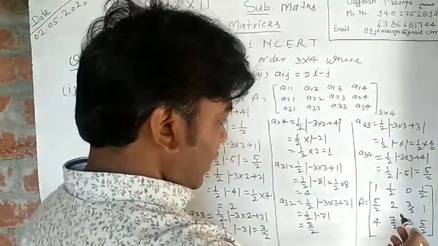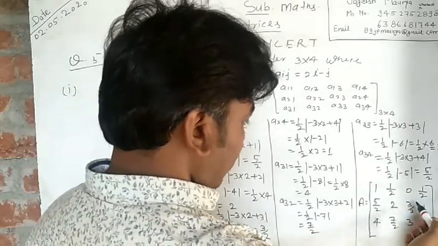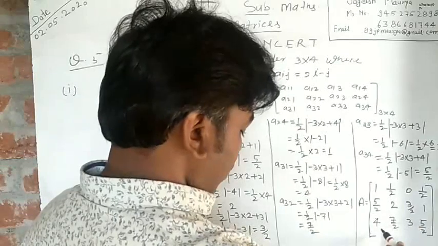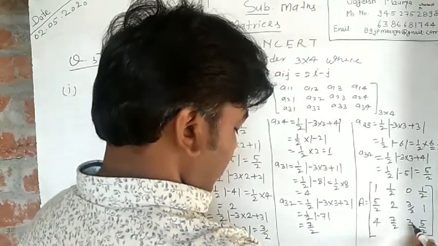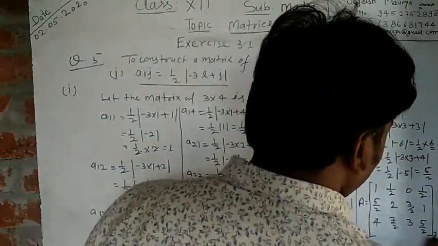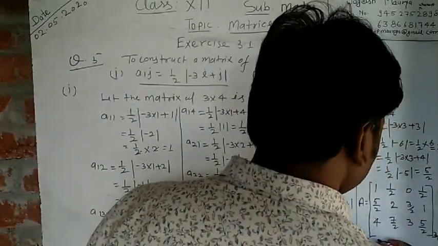So the matrix is 1, 1 by 2, 0, 1 by 2; 5 by 2, 2, 3 by 2, 1; 4, 7 by 2, 3, and 5 by 2. This is a matrix of order 3 by 4.